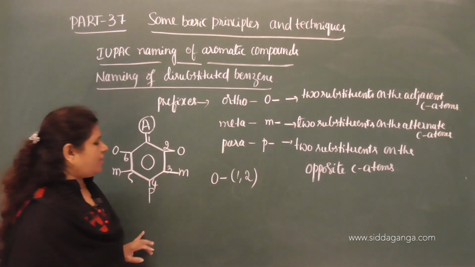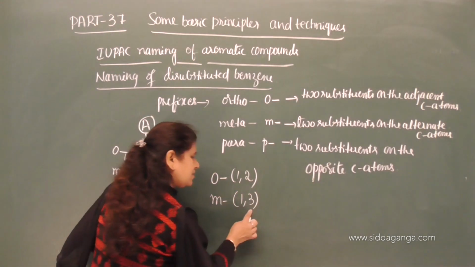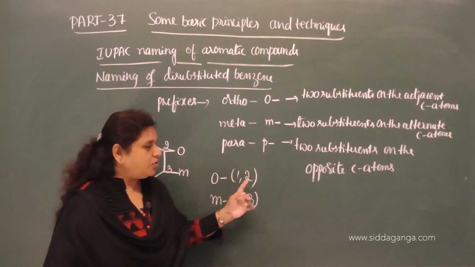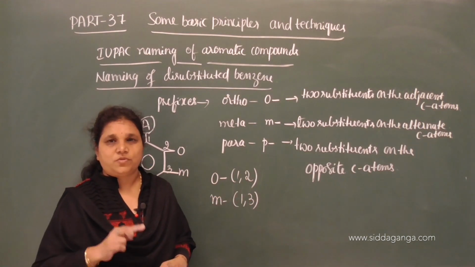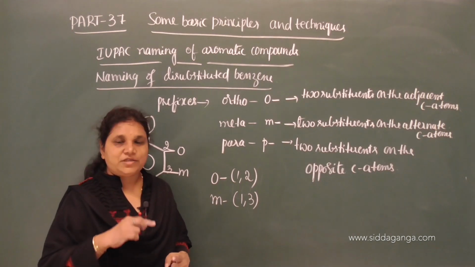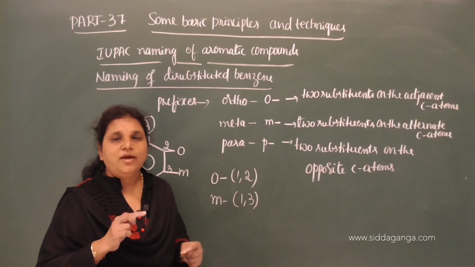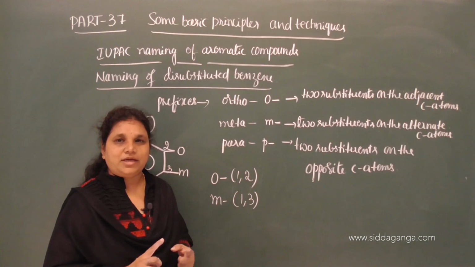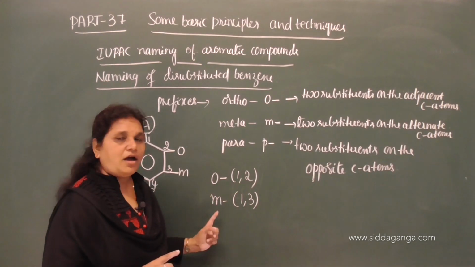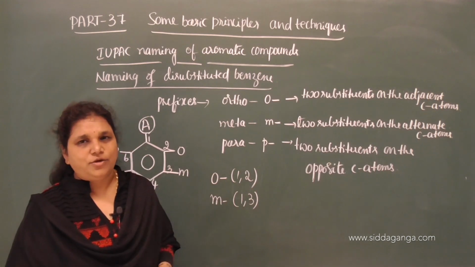Similarly, 1, 3 position gives meta. So, 1, 3. These locants, 1, 2 locants are used to indicate the positions of substituent groups or the functional groups on the benzene ring. Disubstituted benzene in IUPAC system. ಕಾಮನಲ್ಲಿ ಆರ್ಥೋ ಮೆಟಾ ಯೂಸ್ ಮಾಡಿದ್ರೆ IUPAC ಸಿಸ್ಟಮಲ್ಲಿ ಲೋಕಂಟ್ಸನ್ನು ಯೂಸ್ ಮಾಡ್ತೀವಿ.